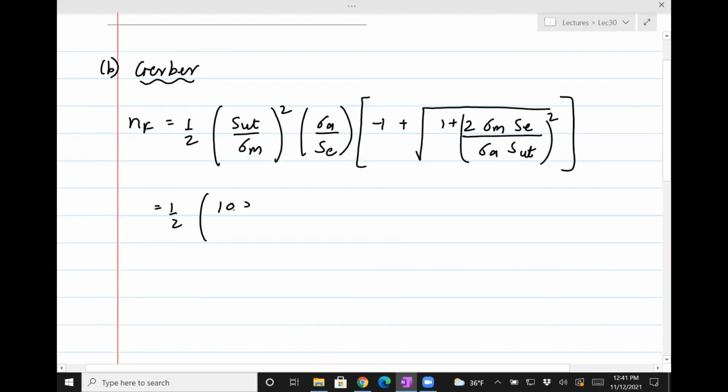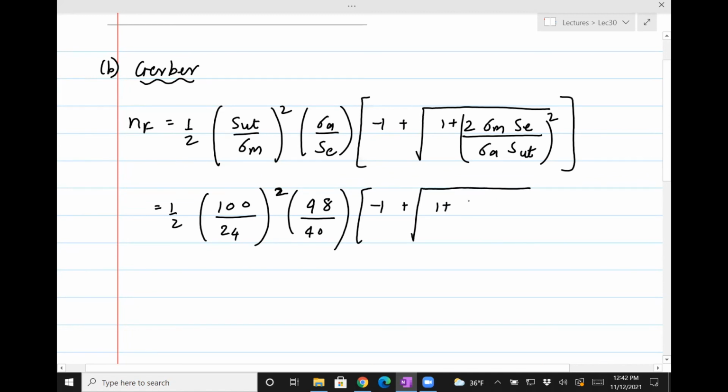Sut I think is 100. Sigma m was 24. Sigma a was 48. Se was 40. This one plus 2 times 24 times 20 divided by 48 times 100.